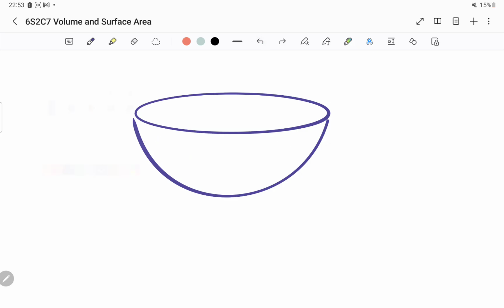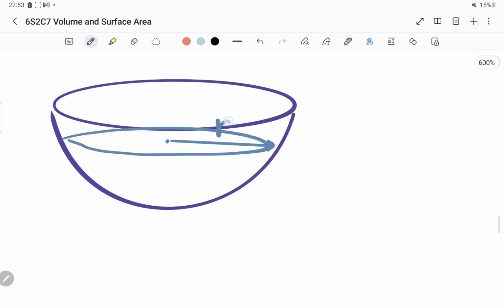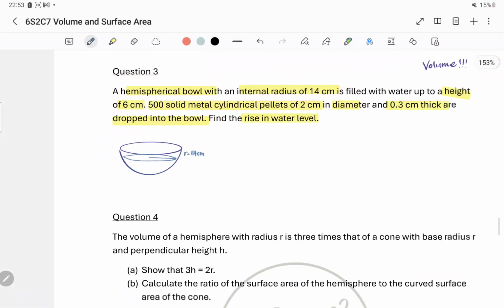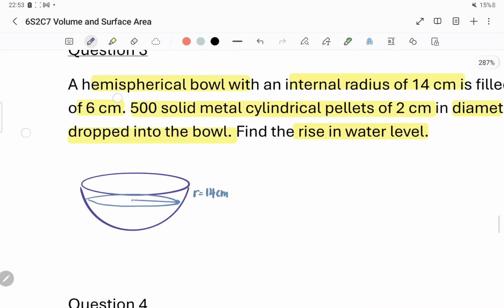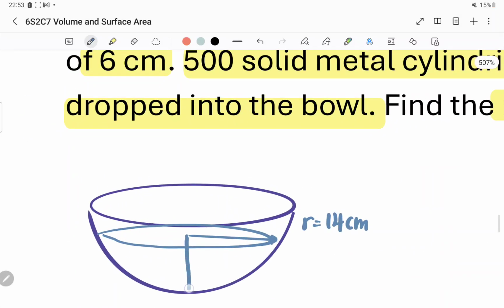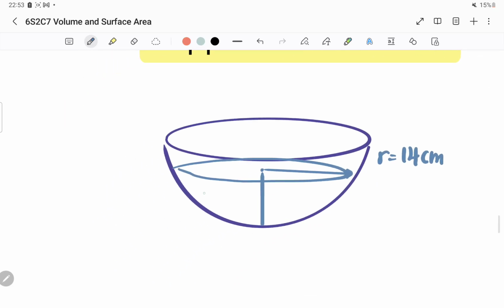Then your internal radius r equals 14 cm, and it is filled to the height of 6 cm. This is height, so height equals 6 cm. This is your water.